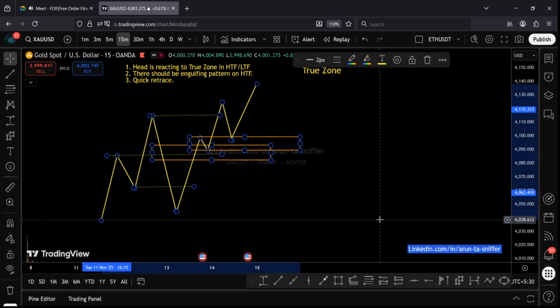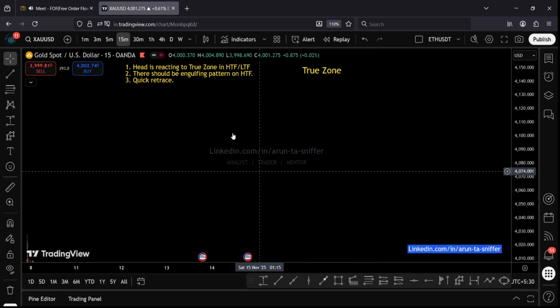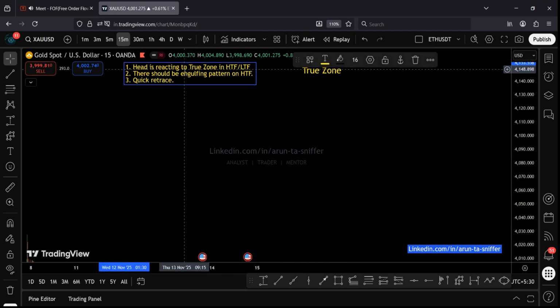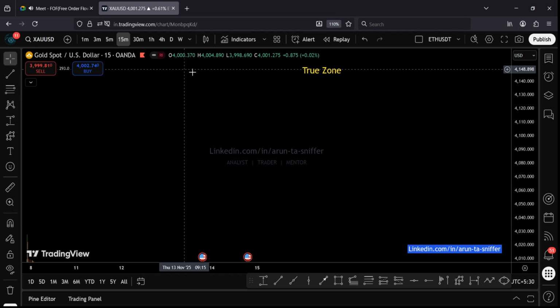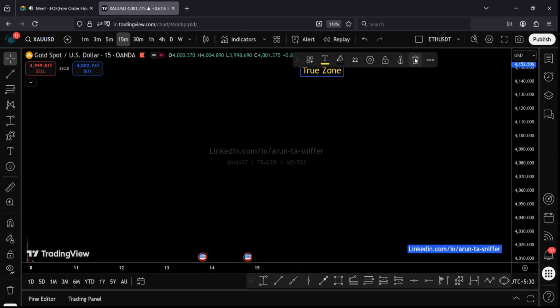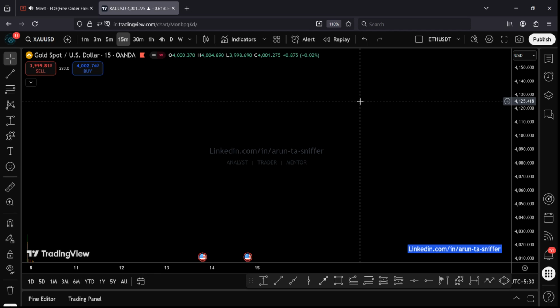Okay, so let's discuss the target. Every engulf has a target. Remember, every engulf has a target, and fake out is also a type of engulf.